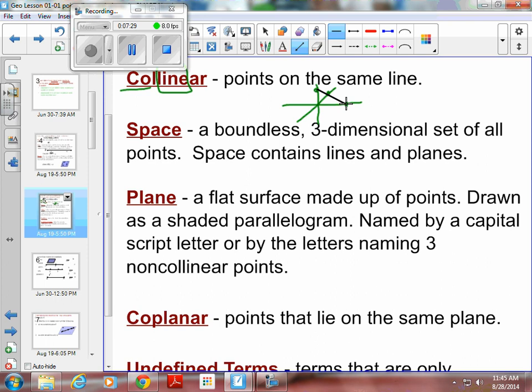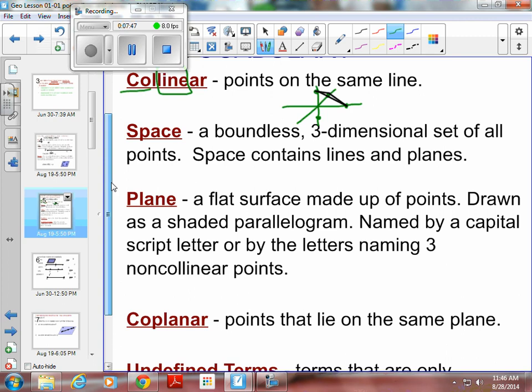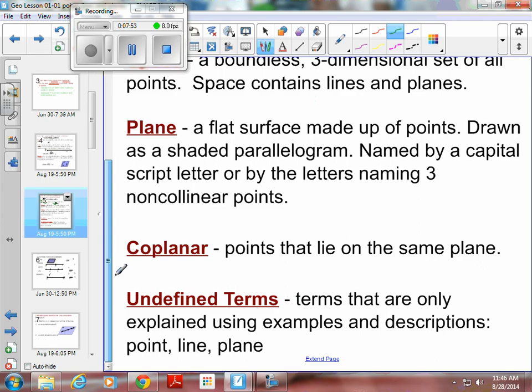I can go here, back there, and back up here, and you've got a plane that's going diagonal there. If I add a 4th point though, maybe down here, that point would not be coplanar with those 3. So not in the same plane. So 3 points are always in the same plane. A 4th point doesn't necessarily have to be in the same plane. So coplanar and not coplanar, non-coplanar.